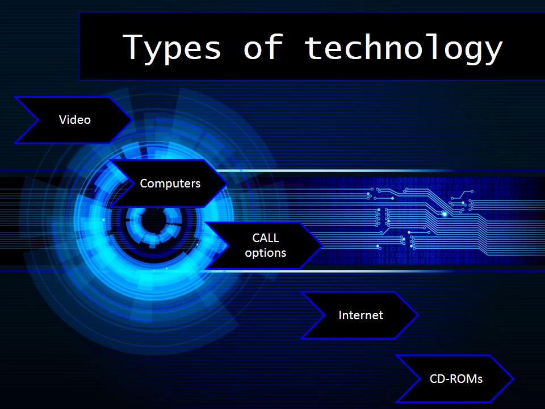And then there are CALL options. In CALL options, children can produce different types of writing for different purposes such as letters, cards, menus, book reports, etc. And there is the internet.